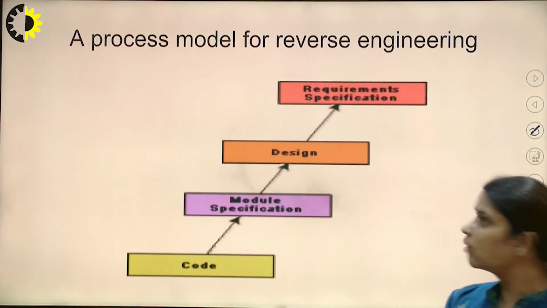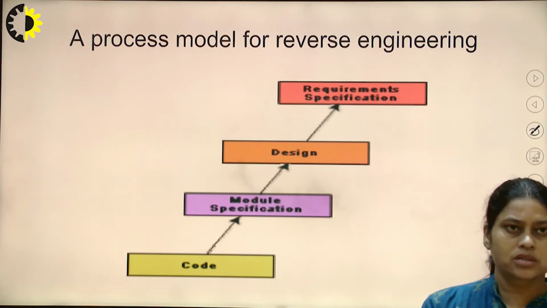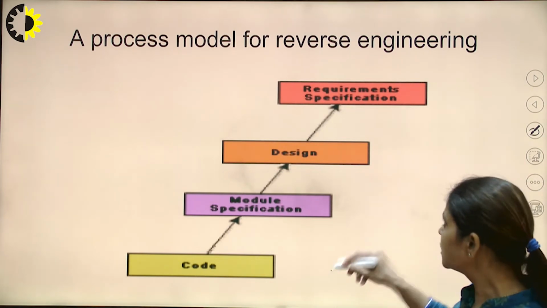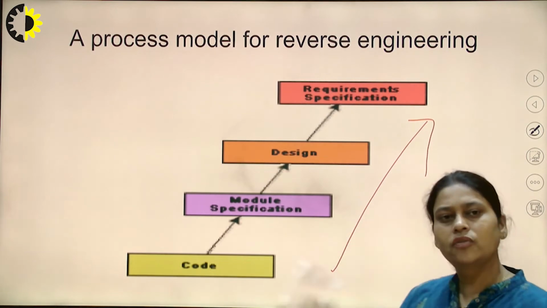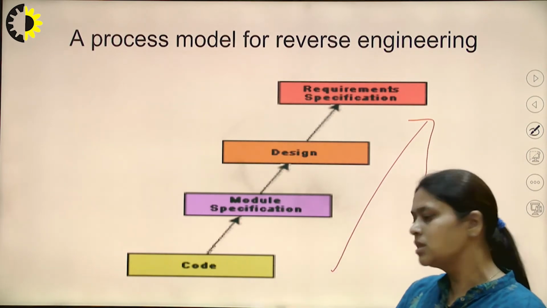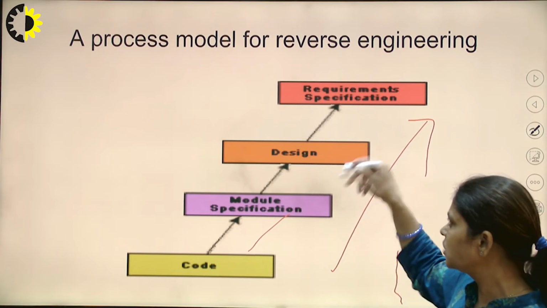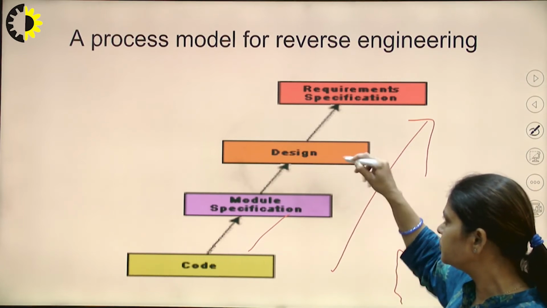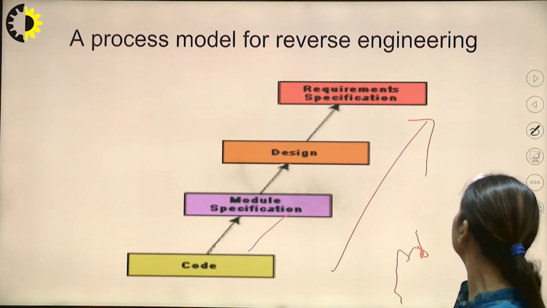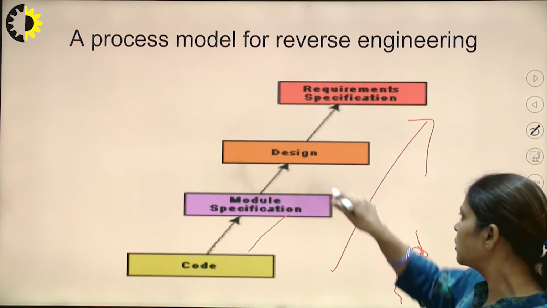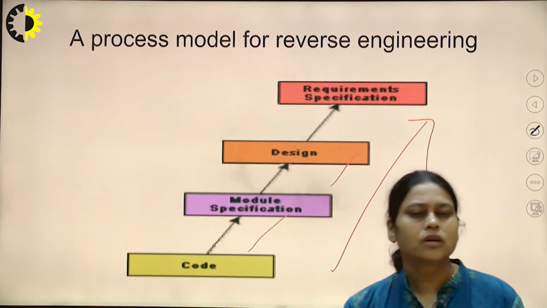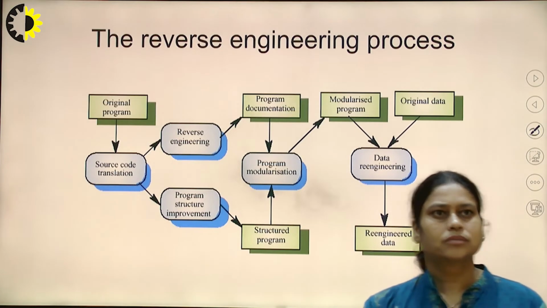This is a reverse engineering process model. It is just the opposite of the software engineering process. We start with testing or coding, then go to module specification, then design, and then requirements.